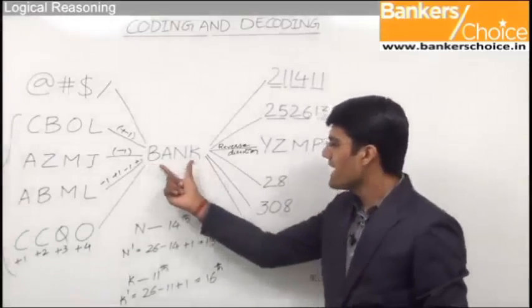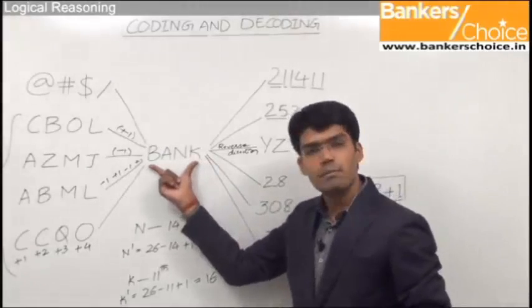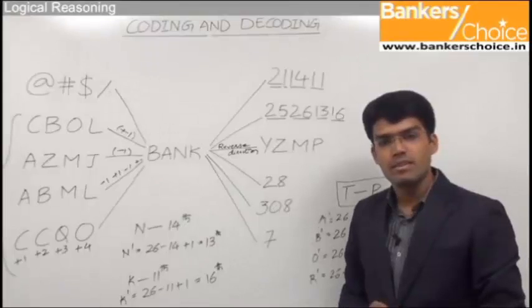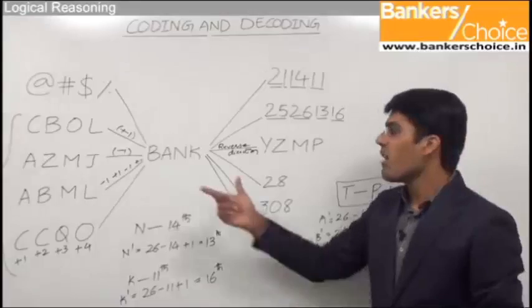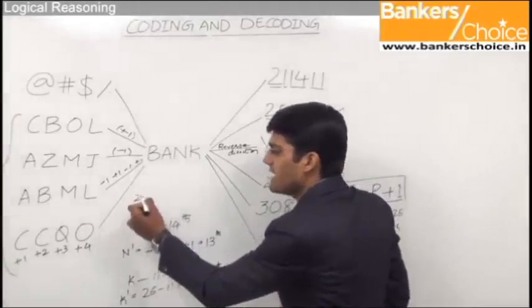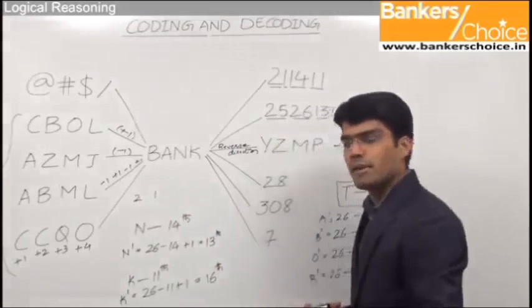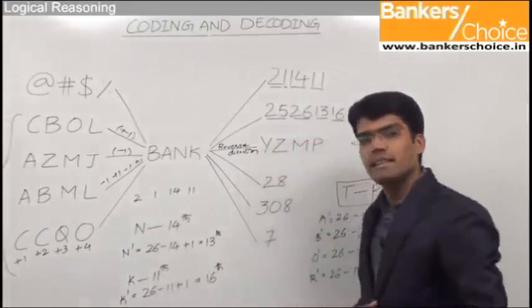Here the word bank has been coded as 28. That means the 4-lettered word bank has now become a 2-digit number 28. The logic in this coding is the sum of the positions of the given letters. We know that B is the second letter in the alphabetical order, A is the first letter, N is the 14th letter and K is the 11th letter.